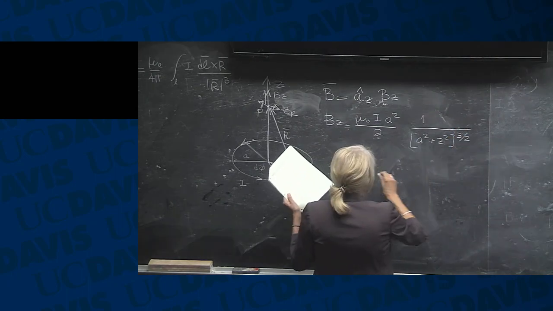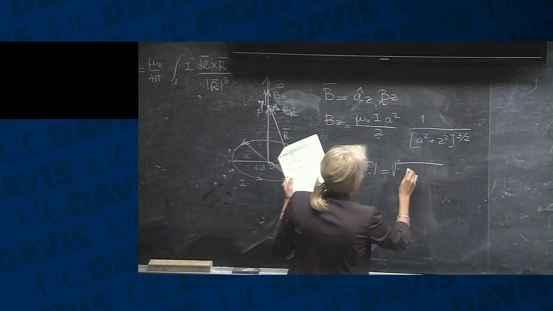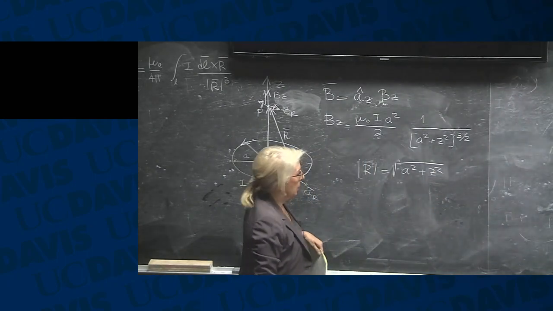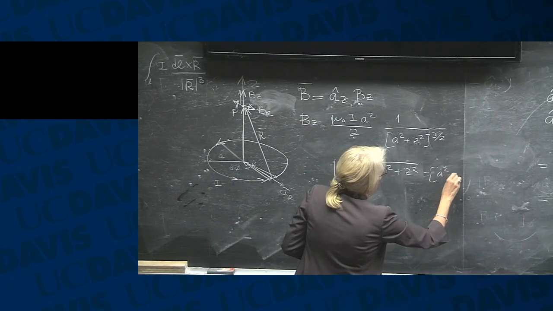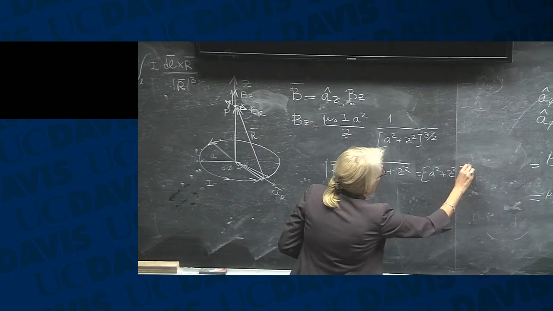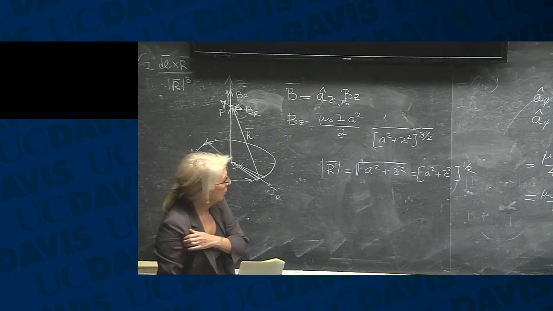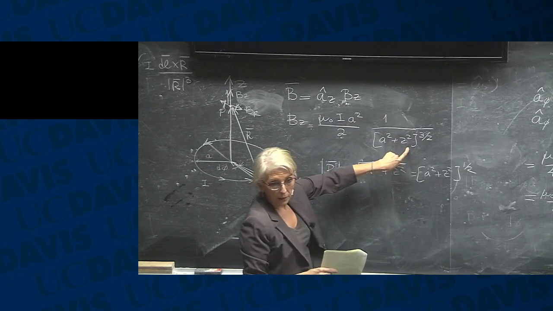This one is nothing else but the square root of A squared plus Z squared. So you can write it as A squared plus Z squared to the one half, and therefore with the 3 that we have there, it becomes like that.